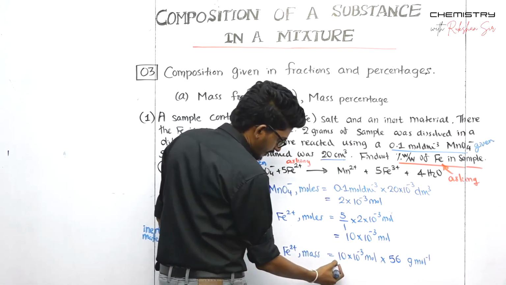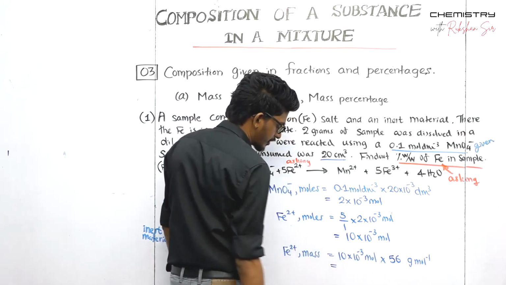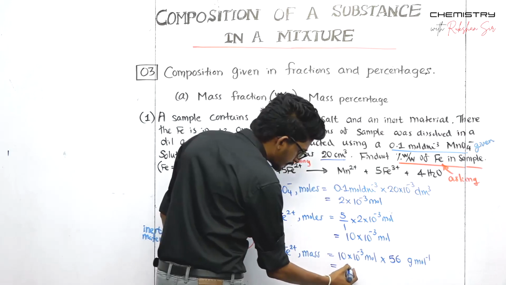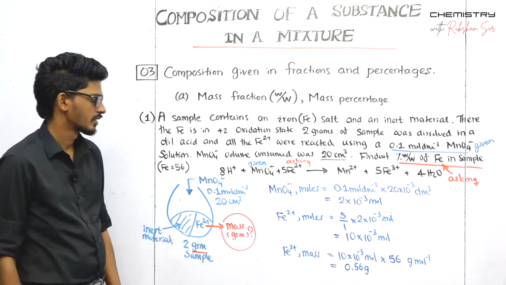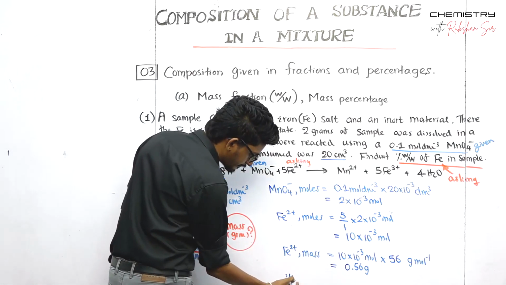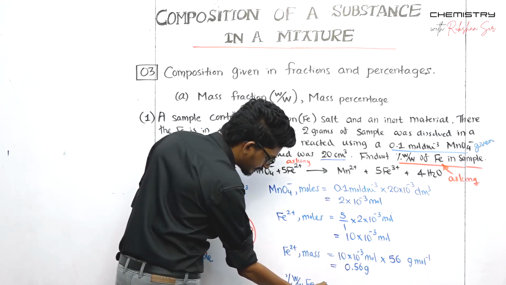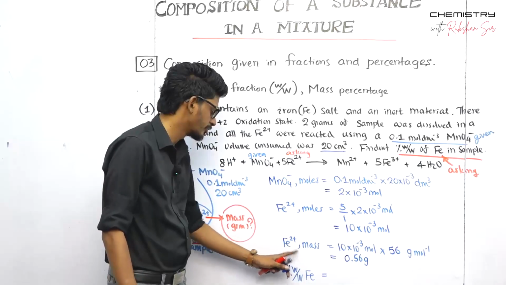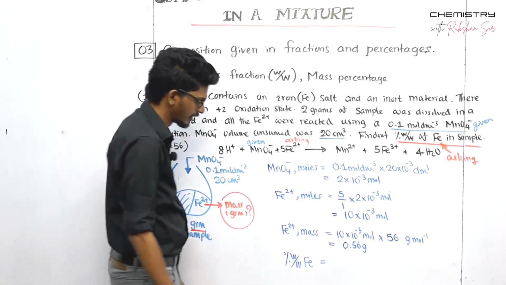So the number is now 560 × 10^-3, so 0.56 grams. Then the weight percentage of Fe. Fe's mass is equal to Fe2+ mass, because removing 2 electrons won't affect the mass.